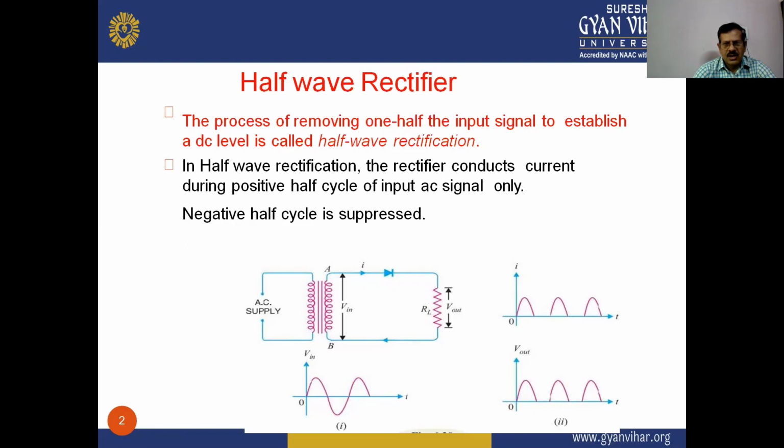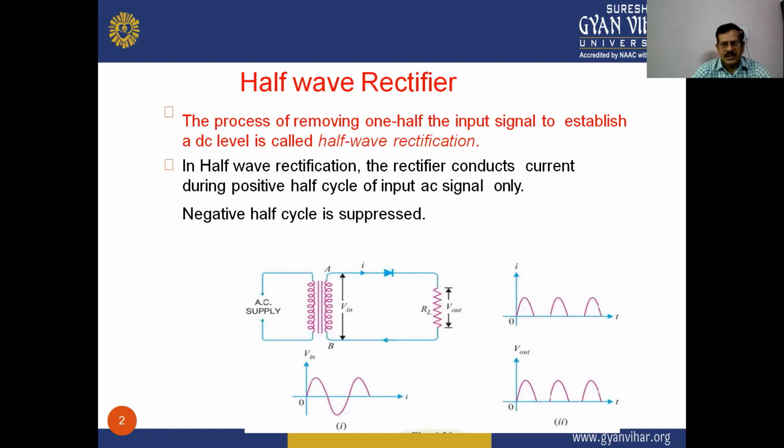In this circuit diagram of the half wave rectifier, there is one transformer and the input AC supply is given to the half wave rectifier with the help of a step down transformer. There is a diode and a load resistance. During the positive half cycle, the diode conducts and the output is in the form of half wave DC.